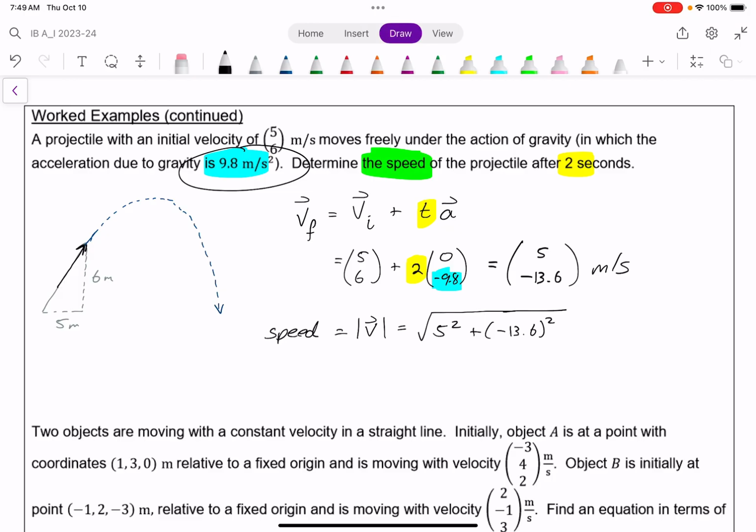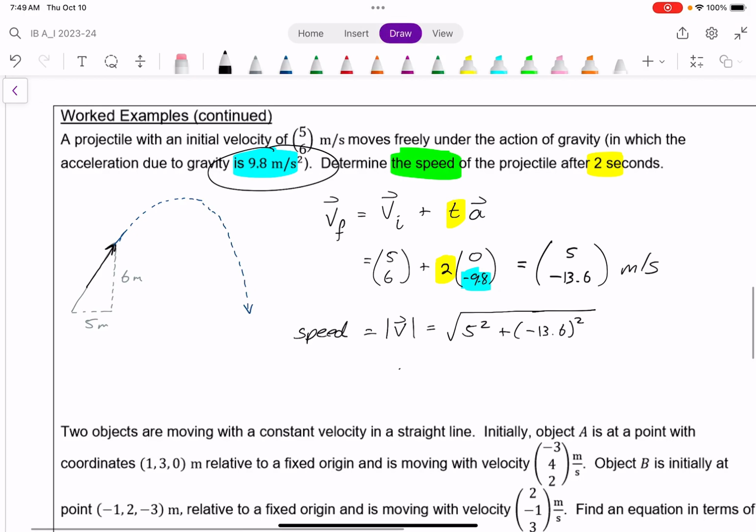Again, it's the length of the vector. And in this case, we should get about 14.5 meters per second. Keep in mind that value is telling you the speed in sort of one-dimensional space, whereas this is telling us the velocity, how the components are changing vertically and horizontally. I can see those components. Please remember again, speed is a scalar quantity. It doesn't have a direction. Velocity does.